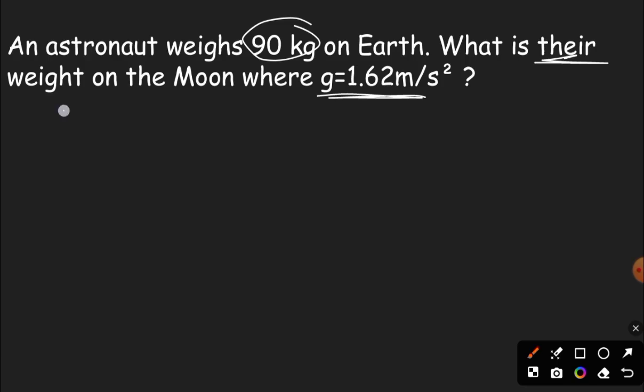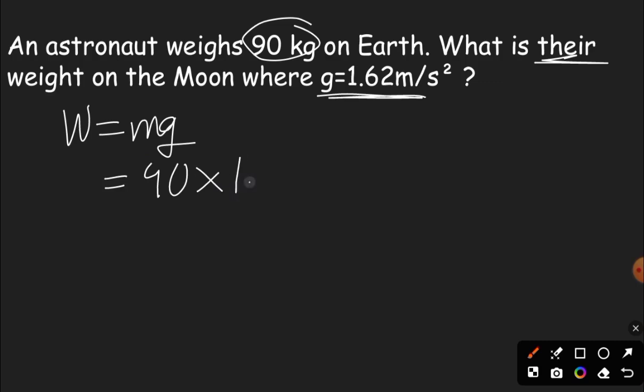So our weight is still equal to mg, and our g over here is 1.62. So our mass is 90 multiplied by 1.62. Working this out, 90 times 1.62, we are going to have 145.8 Newton.